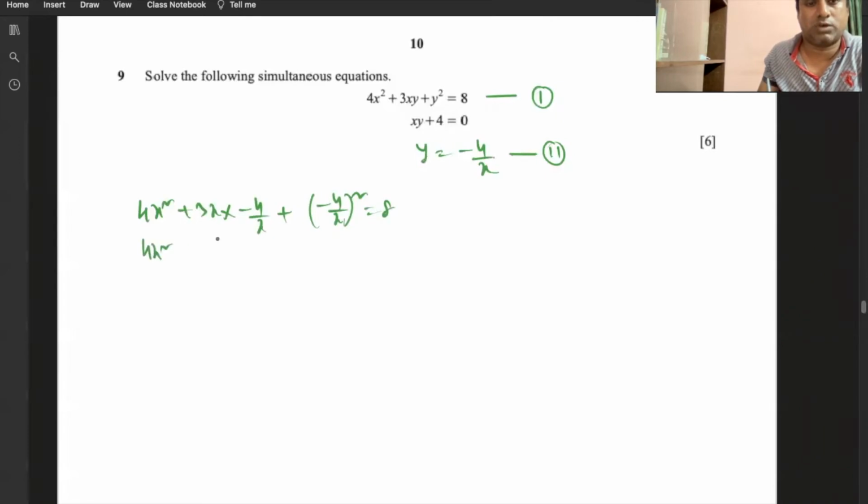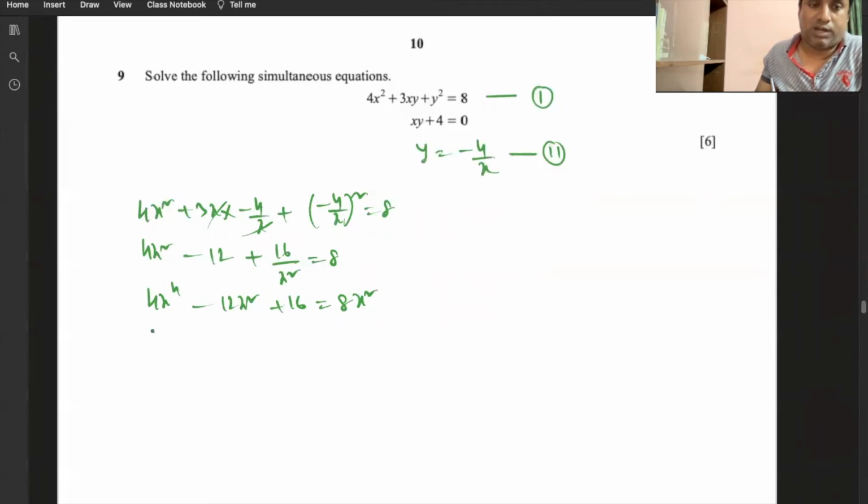So that is 4x square, x cancelled, minus 12 plus 16 by x square equals 8. Let me multiply by x square. So 4x to the power 4 minus 12x square plus 16 equals 8x square. Let me simplify: 4x to the power 4 minus 20x square plus 16 equals 0. Divide by 4: x to the power 4 minus 5x square plus 4 equals 0.